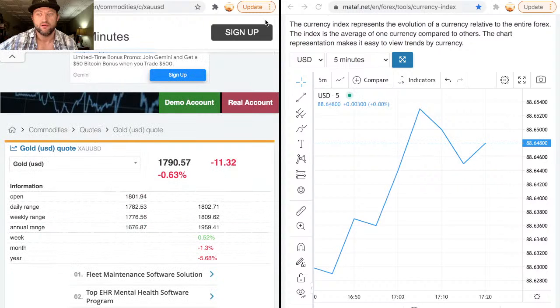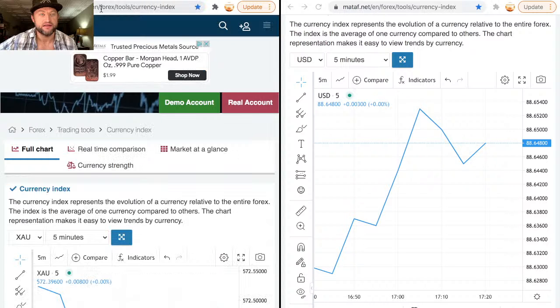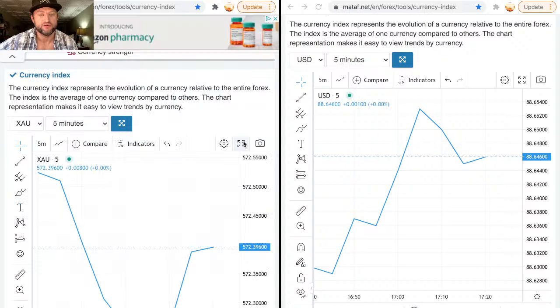Just go to mataf.net/en/forex/tools/currency-index, and there you go. Full screen, pop it out.